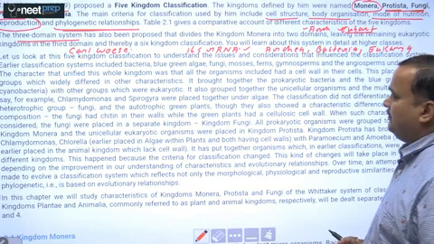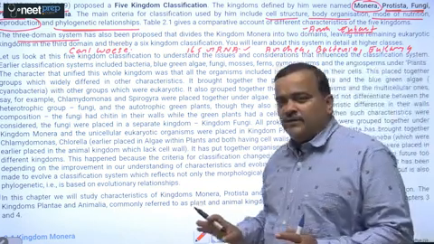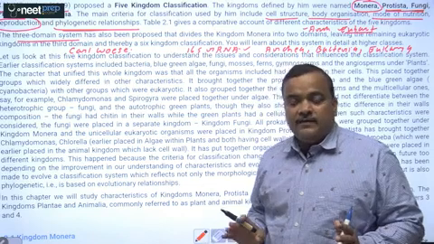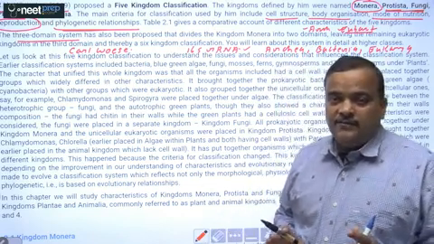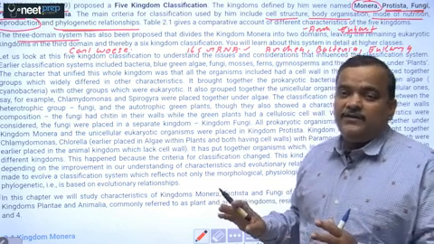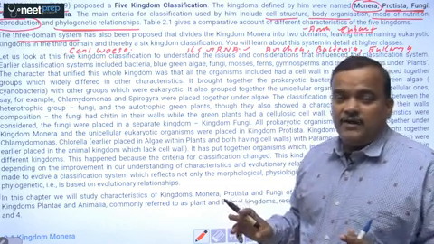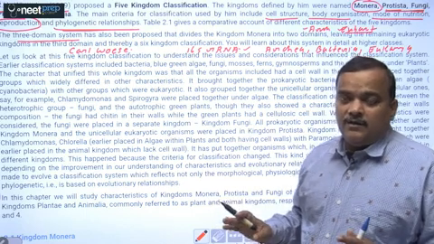Okay. Clear? So according to this, a question has been asked: if you follow this five kingdom system provided by Whittaker, all unicellular organisms are placed under Protista, like Chlorella, yeast, Chlamydomonas, all of them are prokaryote.